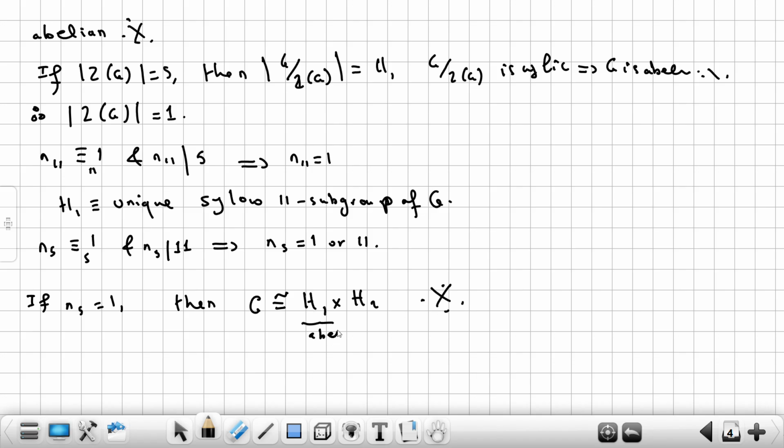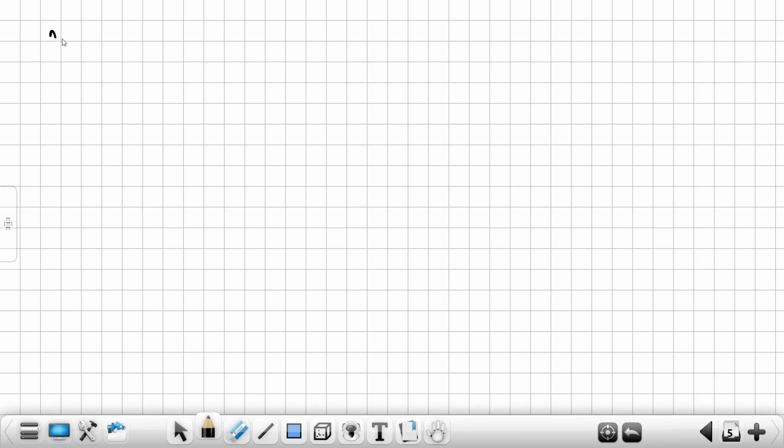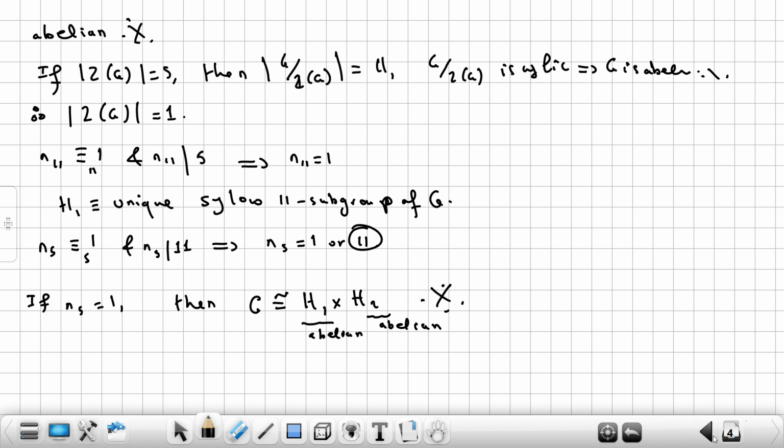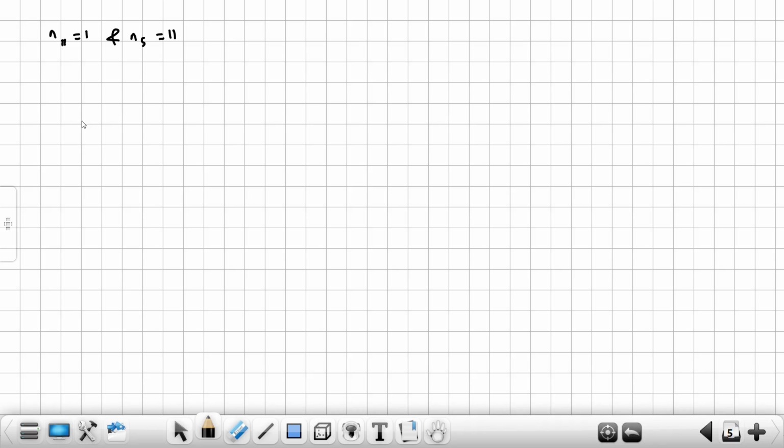As in the argument for the case where the order of G is equal to 39, same argument. This implies that n5 is equal to 11. So n11 is equal to 1 and n5 is equal to 11. We have one and only one Sylow 11 subgroup of G and 11 Sylow 5 subgroups of G.